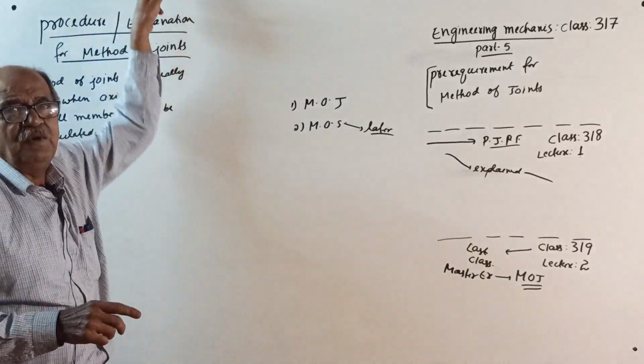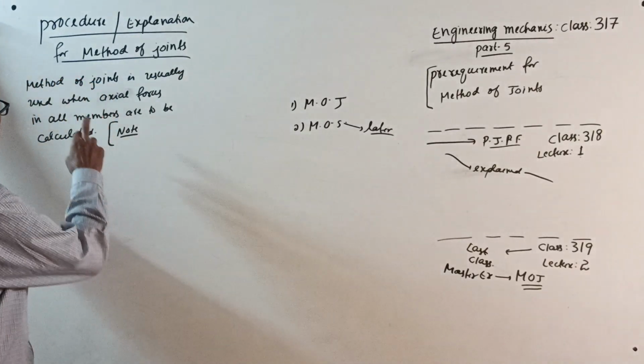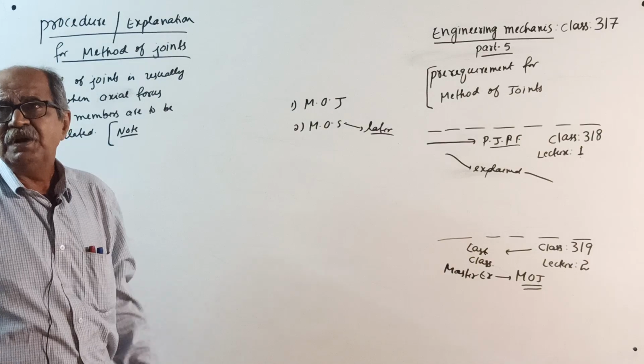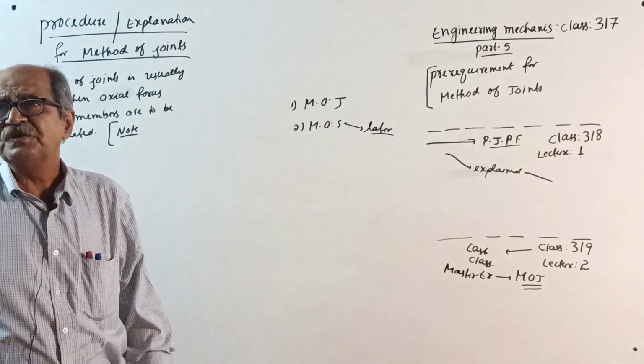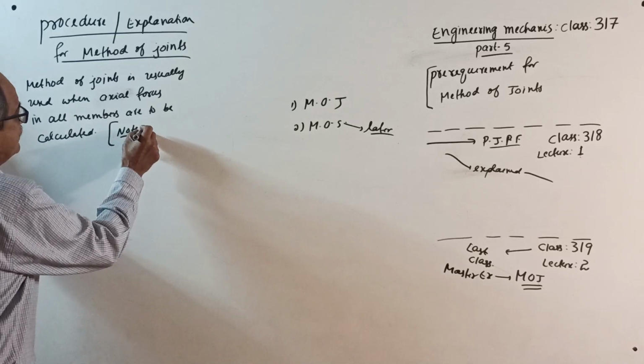Not all. When forces in all members are required, method of joints is the most ideal. There also you can do it, but it is a lengthy procedure. But method of sections is very useful when you have to find axial forces in only some selected members. Okay, that note you write.